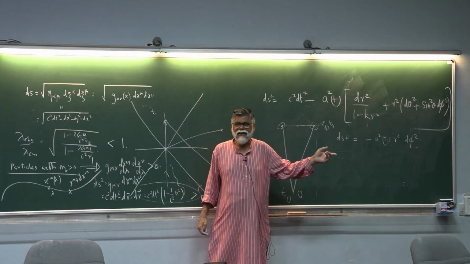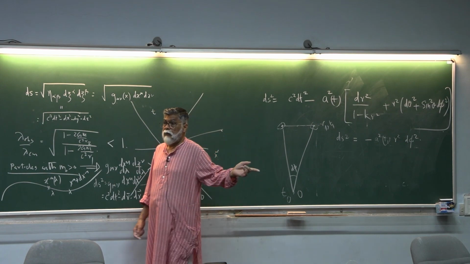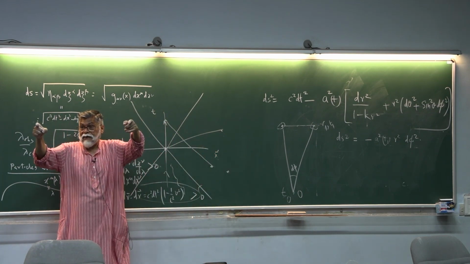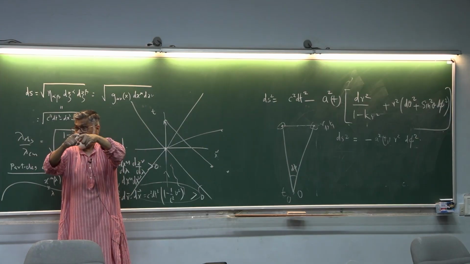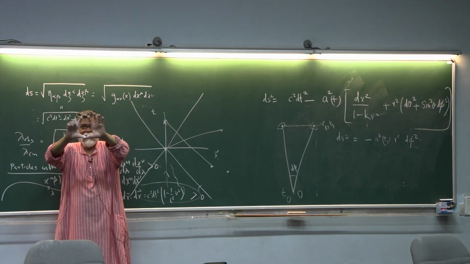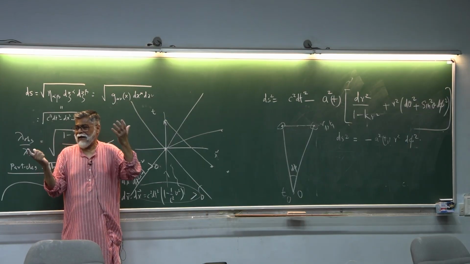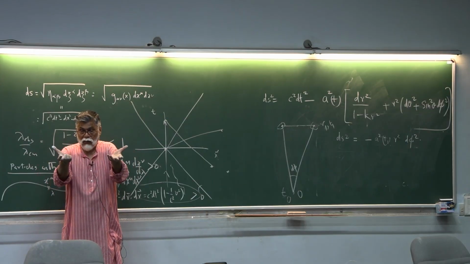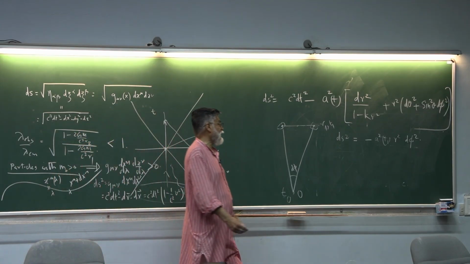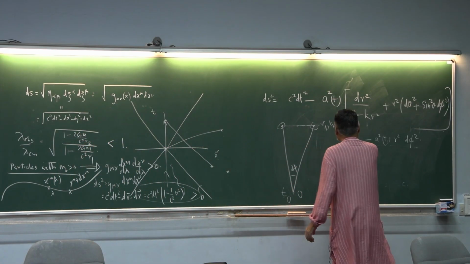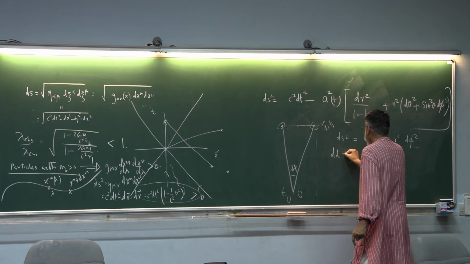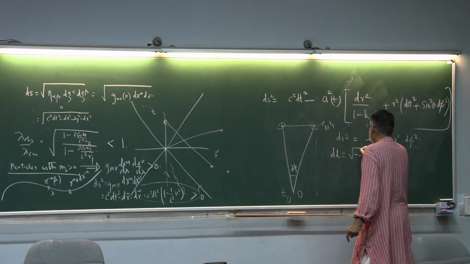You say, why is this a negative sign? Because this is a space-like separation. They cannot be causally connected, so negative. The two blobs cannot be causally connected. But we are not interested right now in causal connection. We are talking about the physical length. So the actual measurable physical length, dl, is the square root of minus ds square.